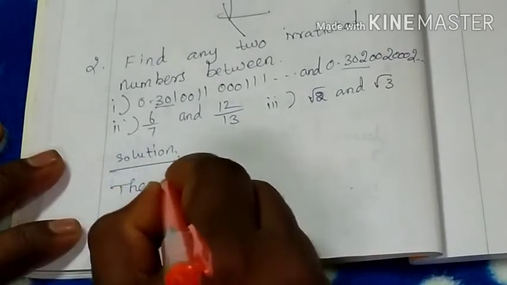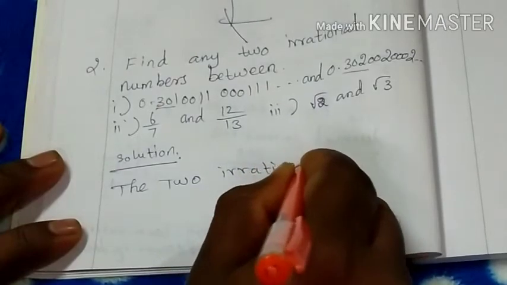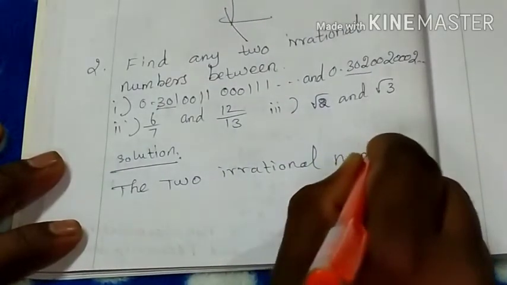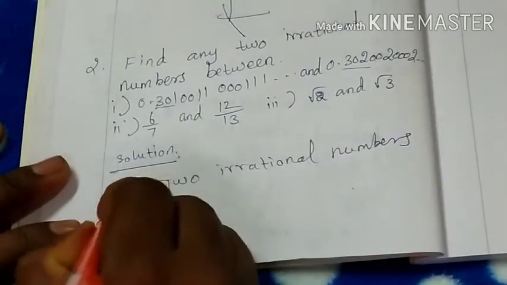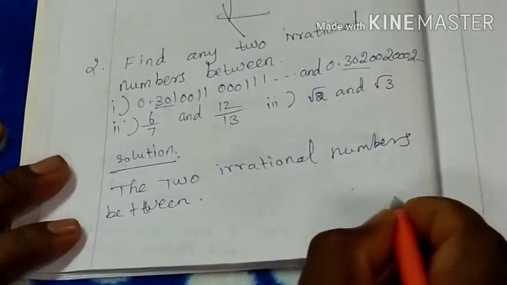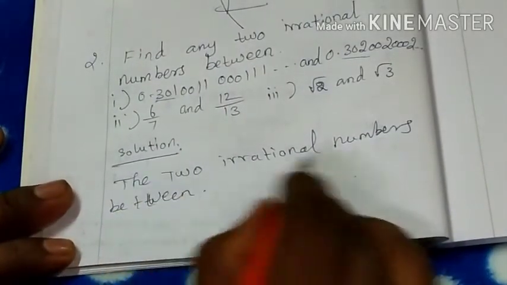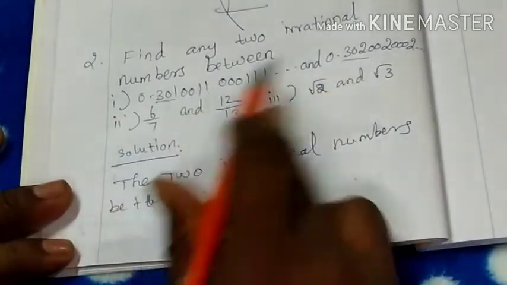So first you start to write the two irrational numbers between the given two irrational numbers.